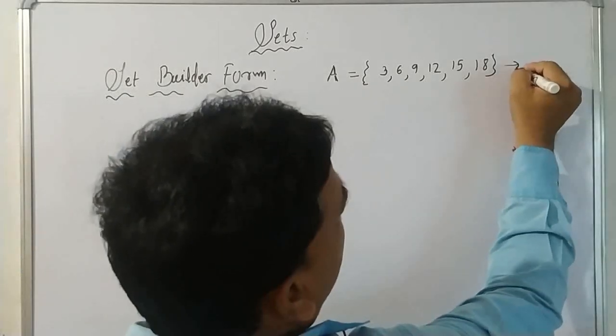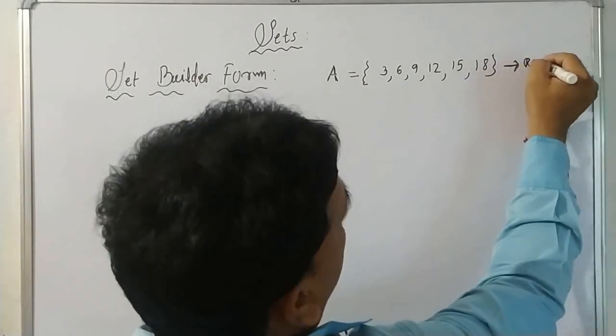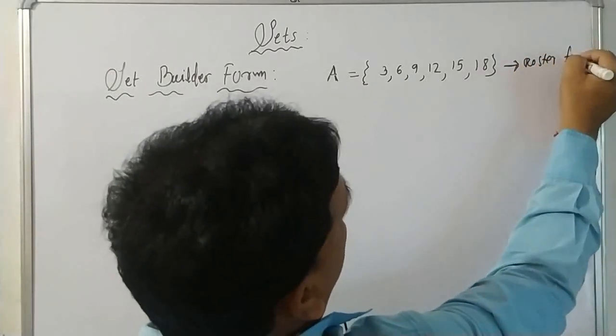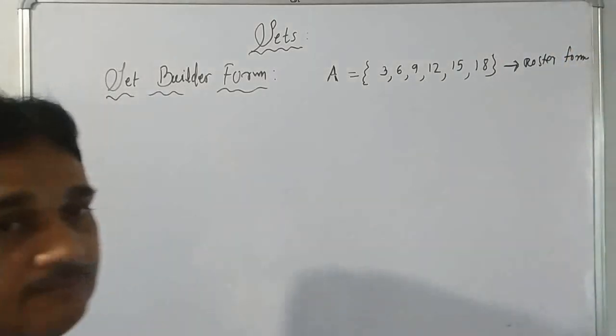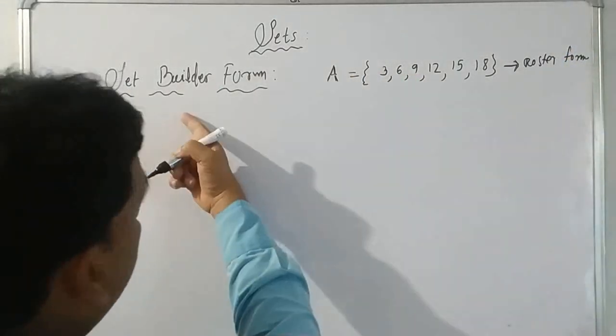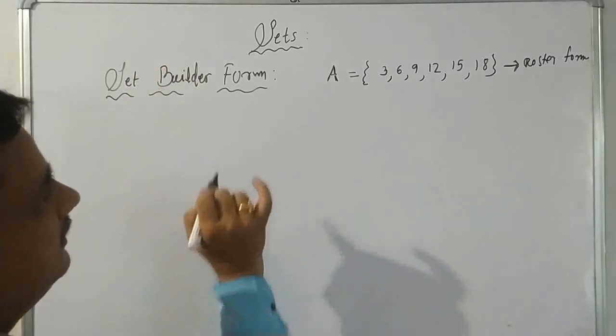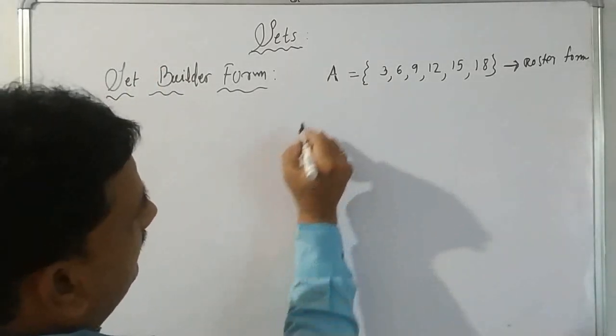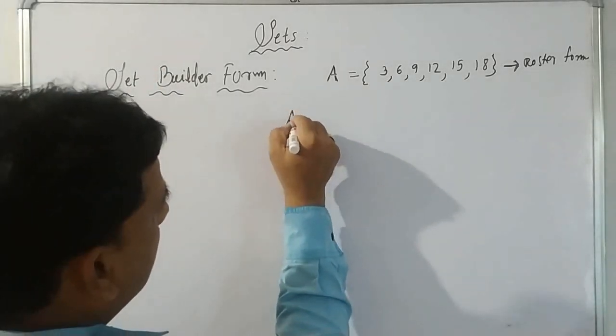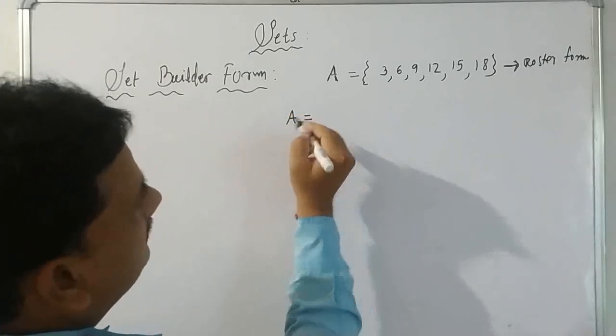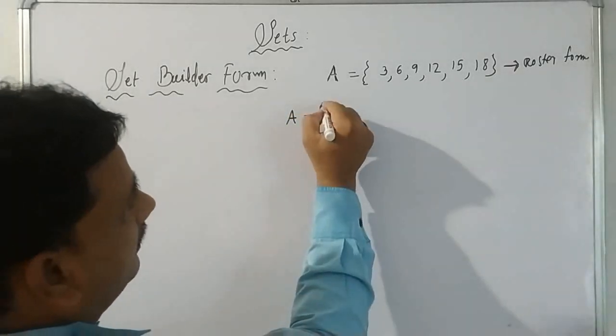So it is given in roster form. Then how to write it in set builder form? See, follow the rules. First, I will write A.